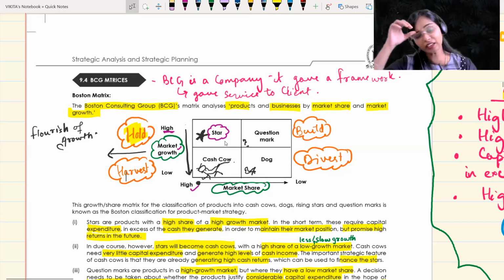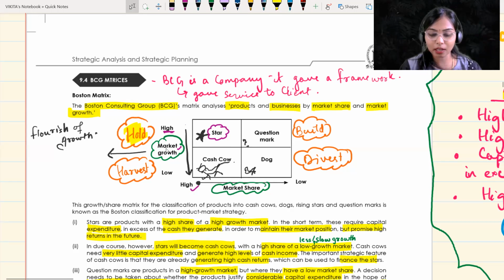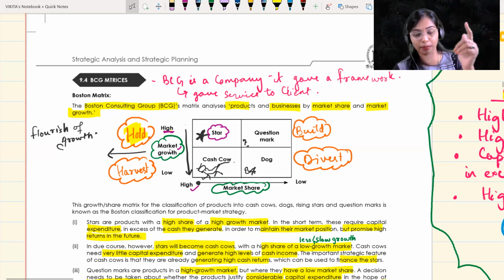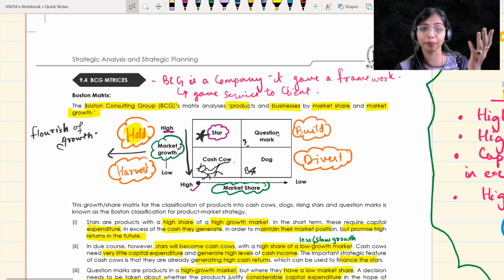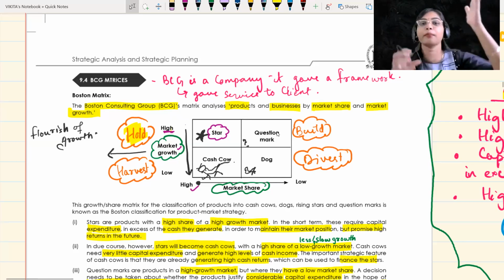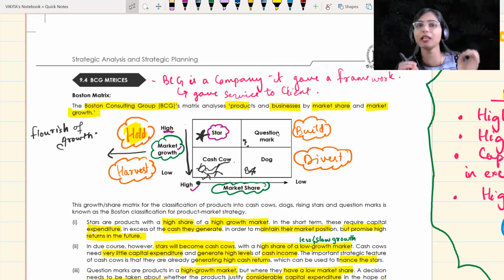Then we have, for example, a high growth of the product and the share is low. Growth is high and share is low. Growth is high, but share, meaning people buying and adopting it, is a little lesser.